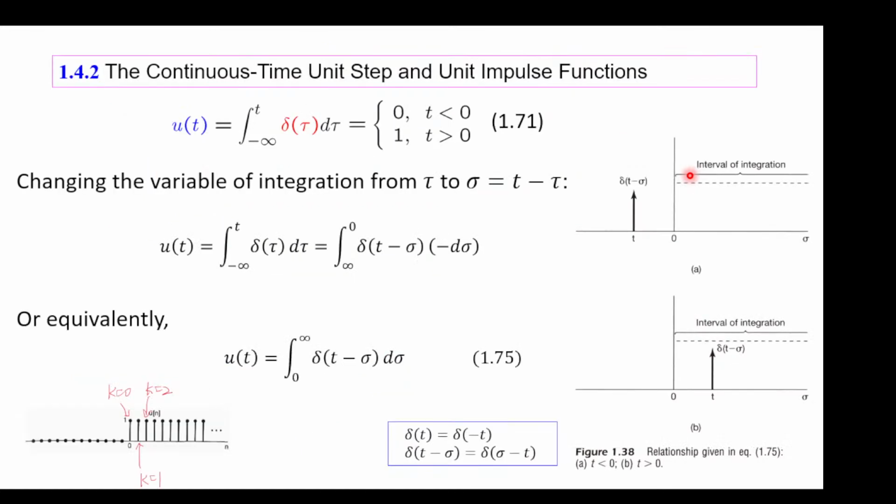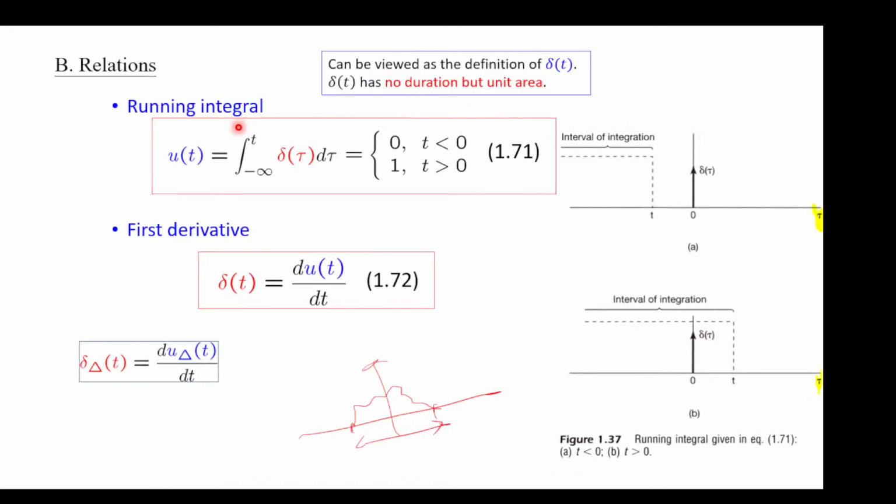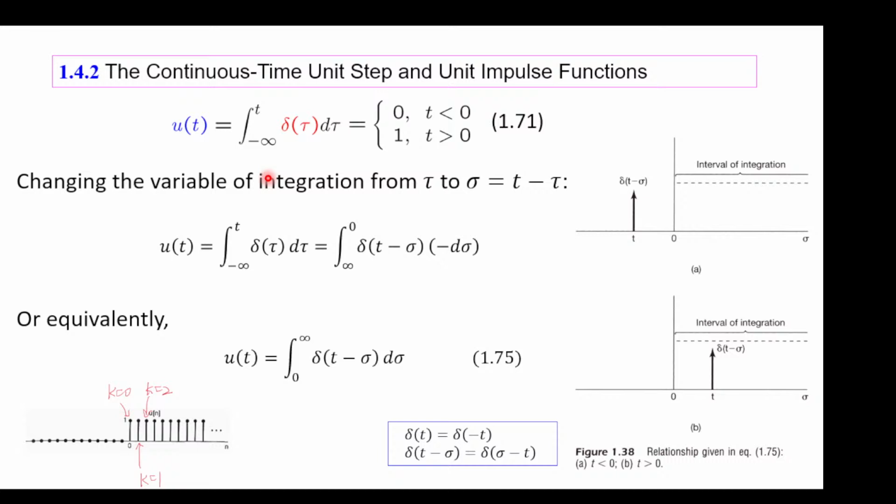And yeah, that's the relationship. Similarly, we will want to do a change of variable on this running integral and view this as a different picture. So we have this running integral, and we can do a change of variable. Once again, we change from tau to some sigma equal to t minus tau.